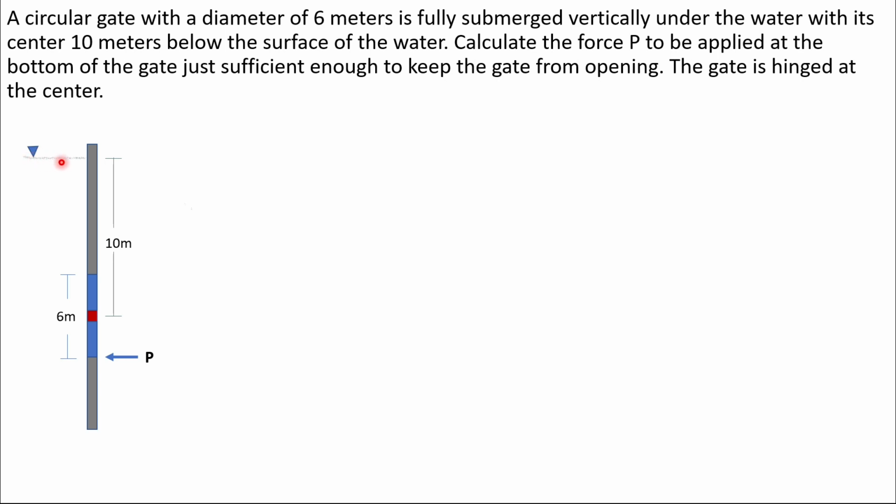Our surface of the water is right over here, and we have applied force P here, which is unknown. This is what we are going to solve, the value of this P. And to solve that, we need to solve first the value of the force applied by the water on the gate, and this force will be going to the right direction.